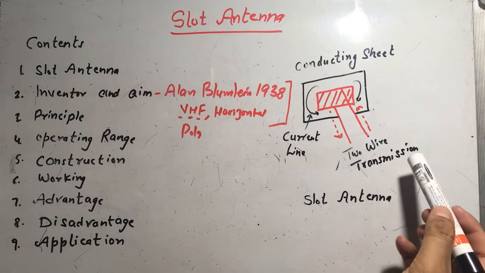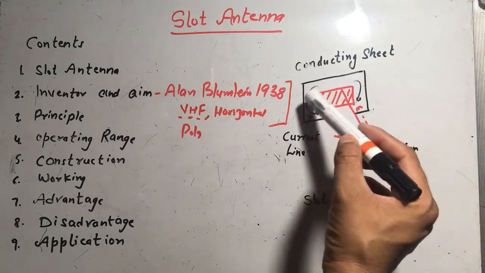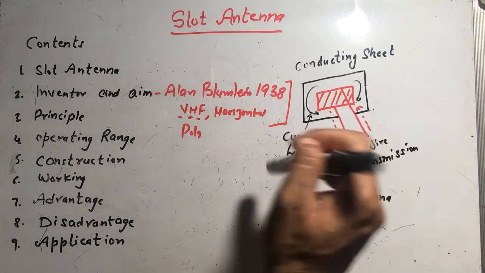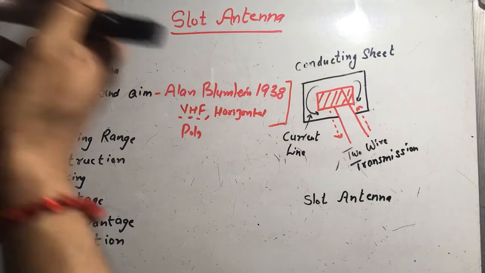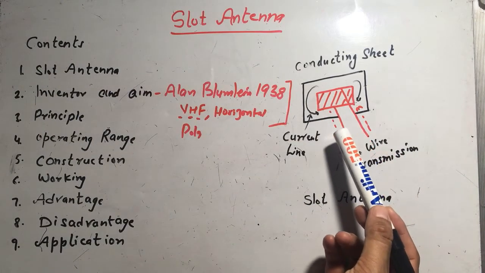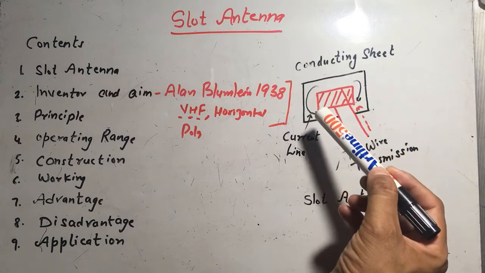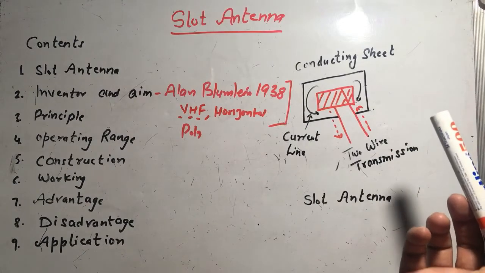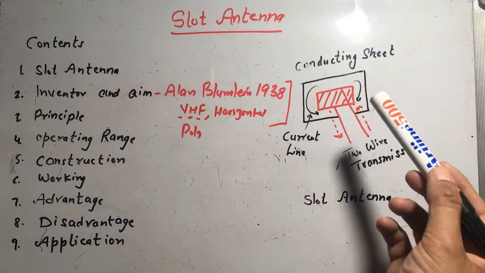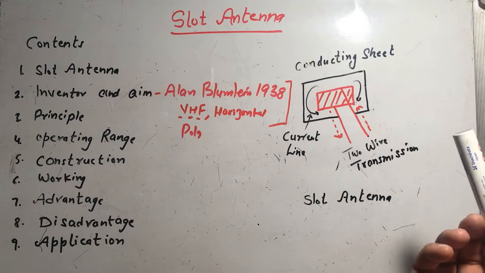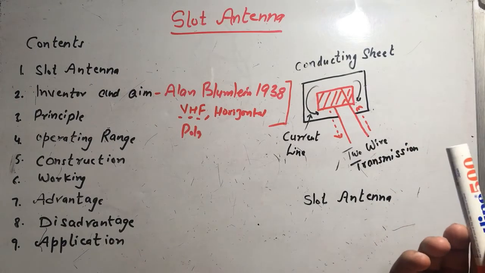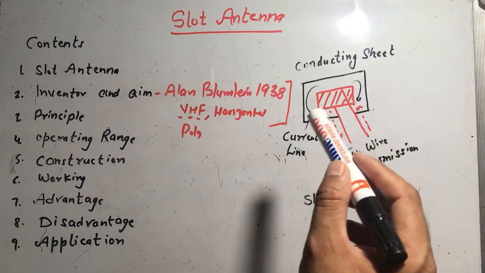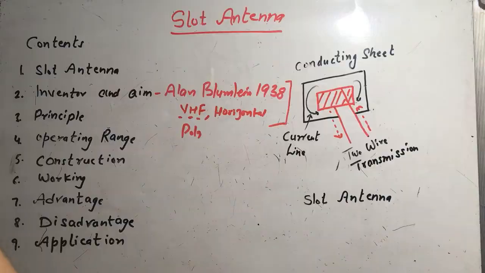So we feed this slot with a 2-wire transmission line, and when you apply input to it, a high frequency field develops across this slot and the energy is radiated in space in the form of electromagnetic waves. And this is the principle of any kind of antenna: when you feed an input to it, it starts producing electromagnetic radiation.